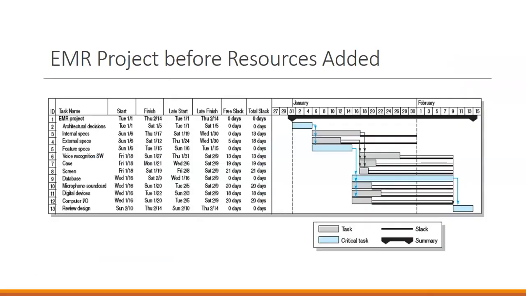So what we find is that there's actually a period of time where we need 21 engineers. We have the project planned for 45 days. We have our task, our critical task, what slack is available, and the entire summary of the schedule.